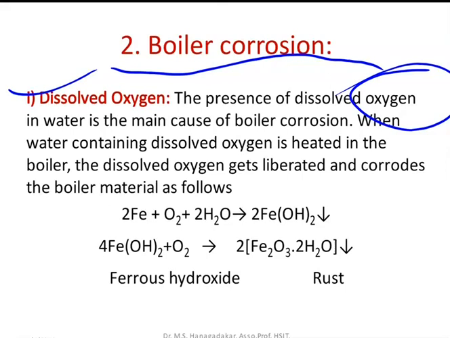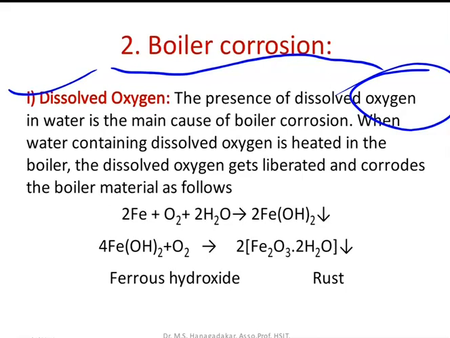So the presence of dissolved oxygen is very essential for living organisms, including human beings. But the presence of dissolved oxygen is not good for the boiler. I mean to say, oxygen becomes an impurity for the destruction of boiler material if it contains more dissolved oxygen.